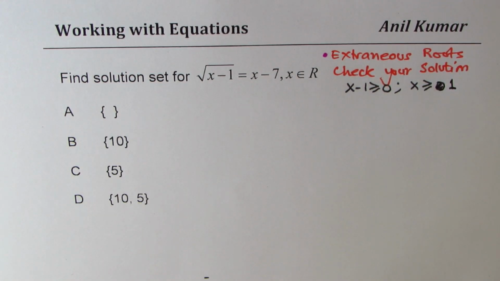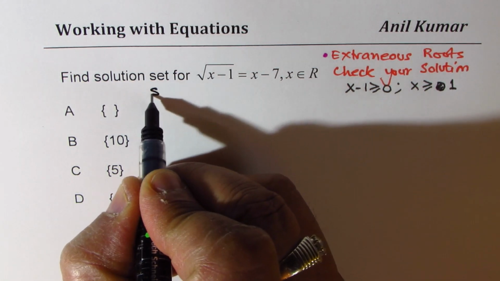All possible solutions are greater than or equal to 1, and therefore that's not an issue. Now the major problem could be that we might have extraneous roots, correct? That's the key. Now what is the first step? The first step here is to square both sides.